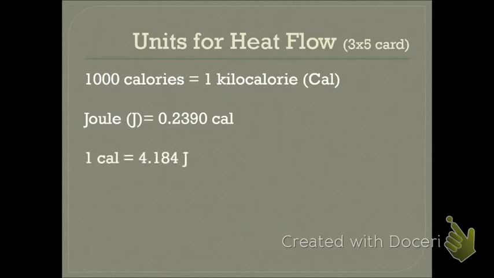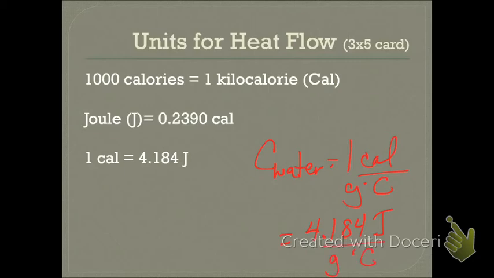So 1 calorie is equal to 4.184 joules. We know that the specific heat of water is equal to 1 calorie per gram degree Celsius. So if I were to convert that into joules, that means that it's also equal to 4.184 joules per gram degree Celsius.